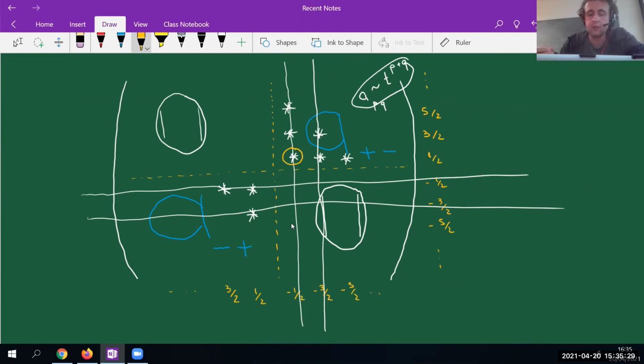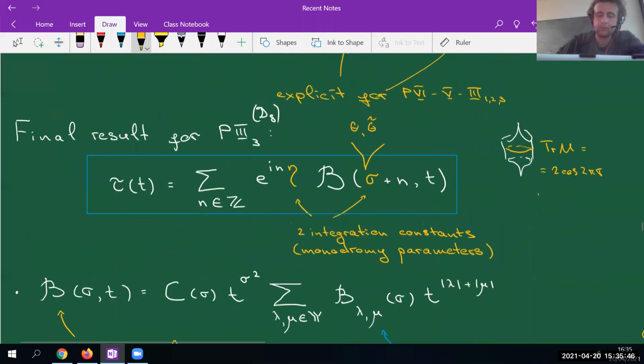So all this combinatorics is just about labeling basis elements in the space of functions on the circle. That's it. So even fermions we don't need.